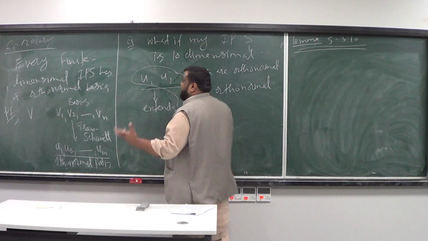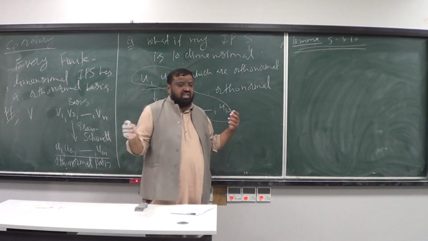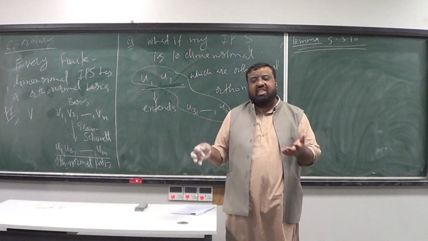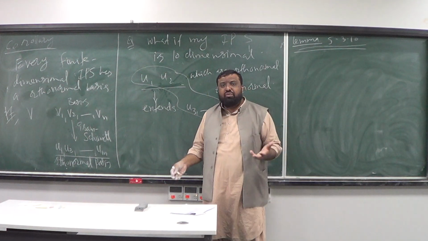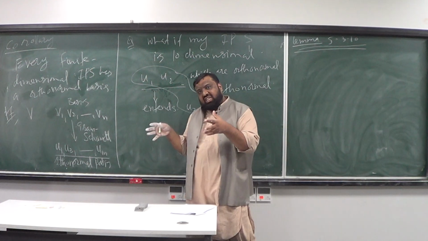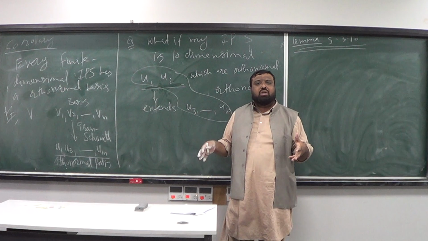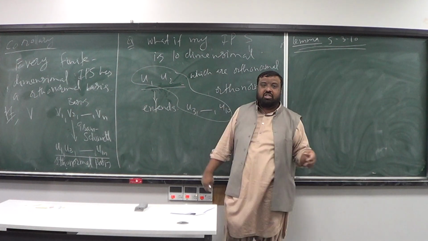So this is something interesting: I have a 10-dimensional vector space, or n-dimensional vector space, and I know that in that vector space there are only a few vectors which are orthonormal. The question is, can I extend that set of orthonormal vectors to a basis of the inner product space?